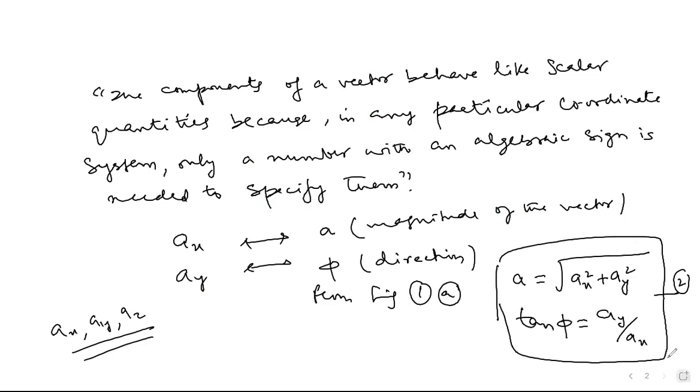Now, in the last lecture, we defined unit vectors. We said a unit vector is a vector with magnitude 1 and is dimensionless. Now we define 3 spatial unit vectors: i cap, j cap, and k cap. i cap is a unit vector along positive x-axis.